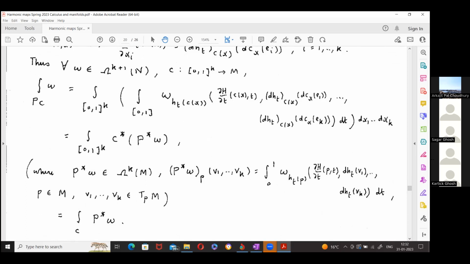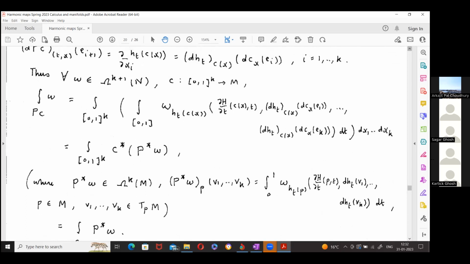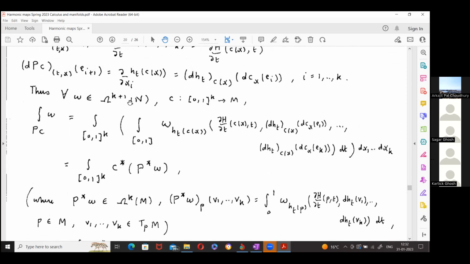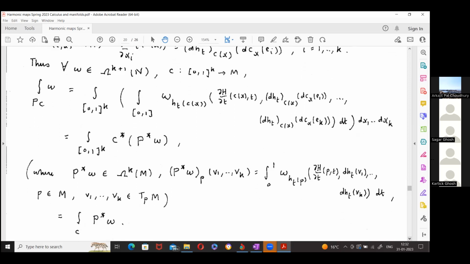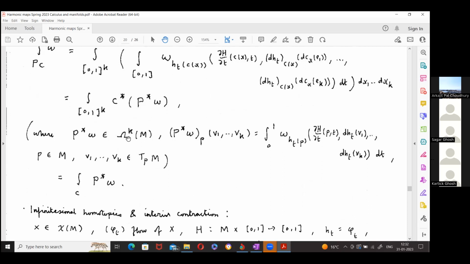So, omega was a (k+1)-form on N. This P star omega is going to be a k-form on M. So how is P star omega at a point p? How does it act on k vectors in M, k tangent vectors at p?